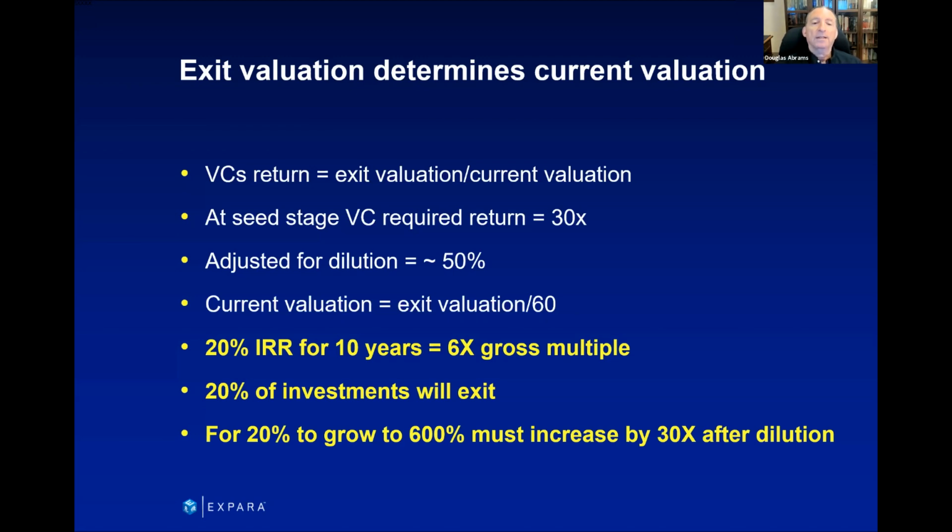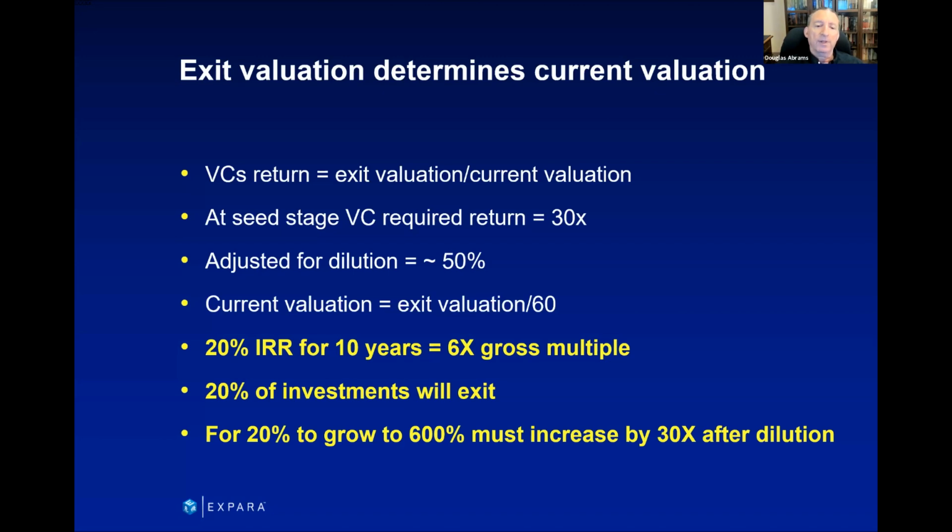Now, this might suggest that you could get the current valuation for your startup just by dividing exit valuation by 30, because if VC return equals exit valuation divided by current valuation, and we know that VC return equals 30, then we can just divide exit valuation by 30 to get current valuation. But it's not correct, because why?